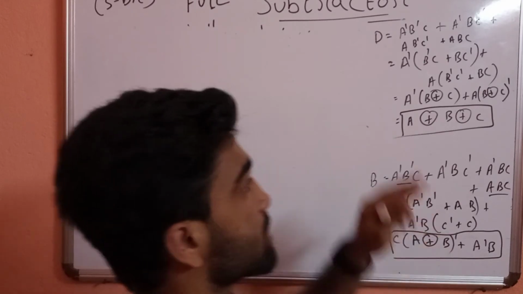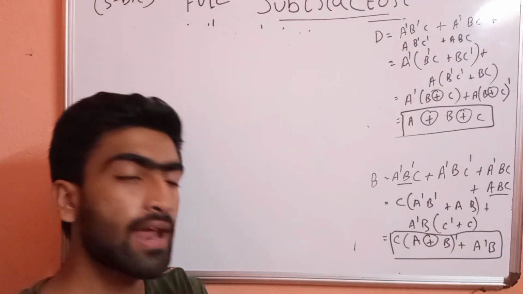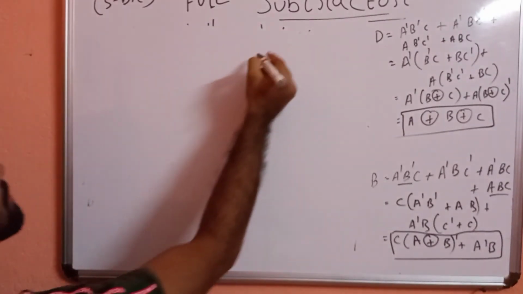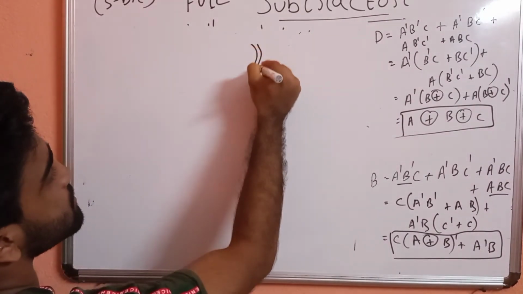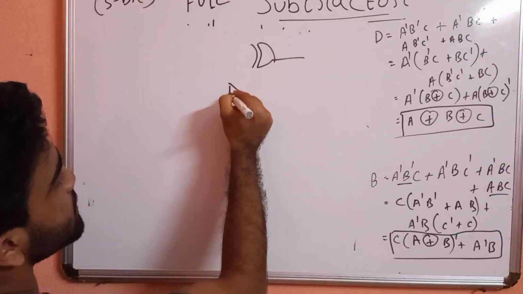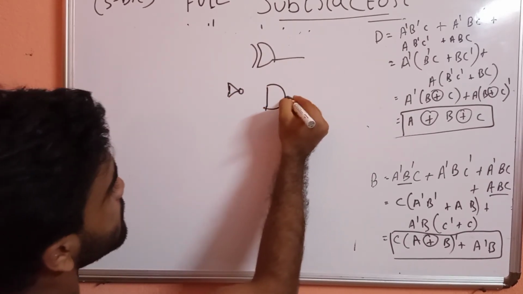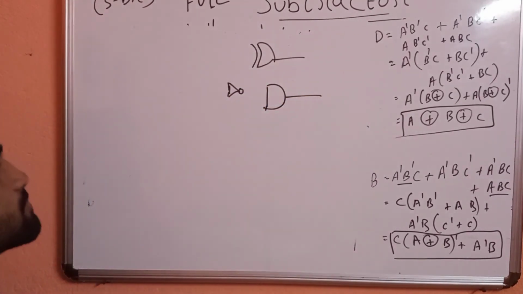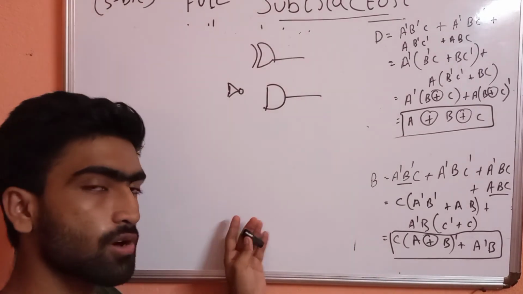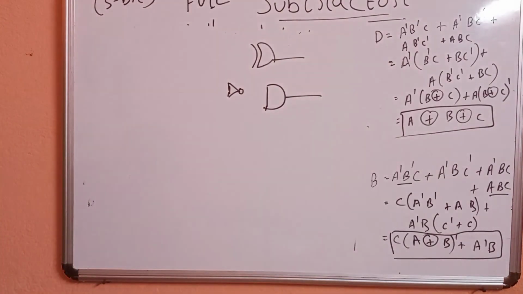There, what we used was an XOR gate, a NOT gate, and an AND gate, like this. We have used this. So what was the question again? Draw a full subtractor using 2 half subtractors, right?